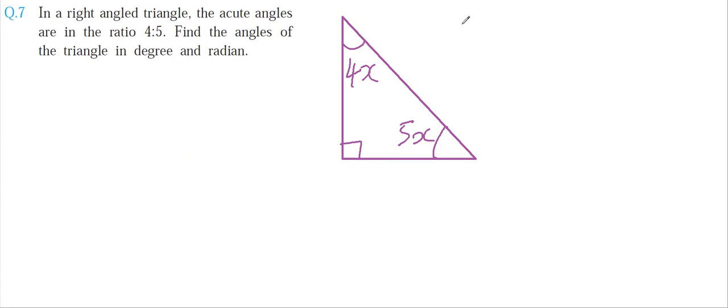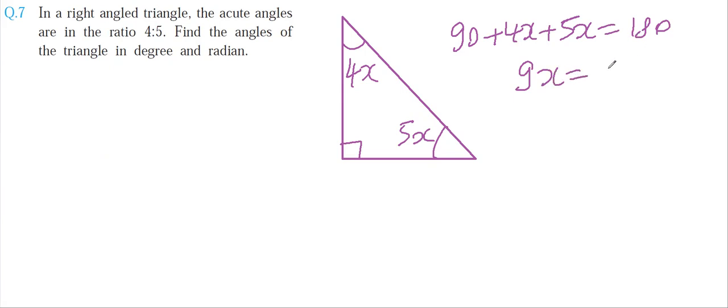Okay, so by angle sum property, I know 90 plus 4x plus 5x is equal to 180. So 4x plus 5x will be 9x. 9x is equal to 180 minus 90, which is 90. So the value of x is 10. So one angle will be 4 into 10, that is 40 degree.